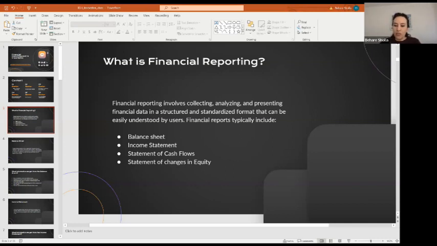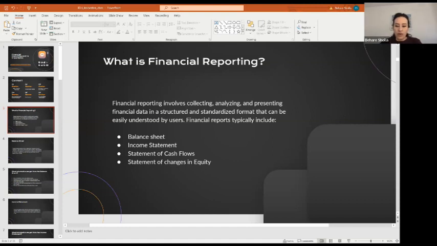To explain this in simple terms, this means that all the transactions of the business or company need to be recorded, and then this information is structured and all the accounts are consolidated in a certain financial report.